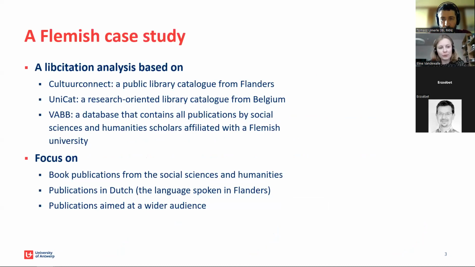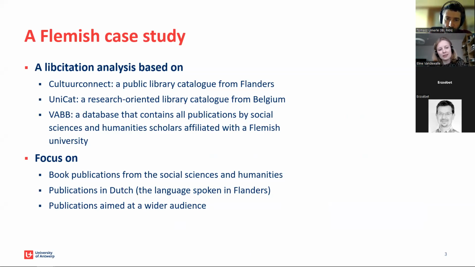So as I said, we did a Flemish case study on this using data first from VABB, which is a database from Flanders that contains all publications by social science and humanities scholars affiliated with the Flemish universities. This database is also used for the performance-based research funding system in Flanders, and the data is provided by the universities.